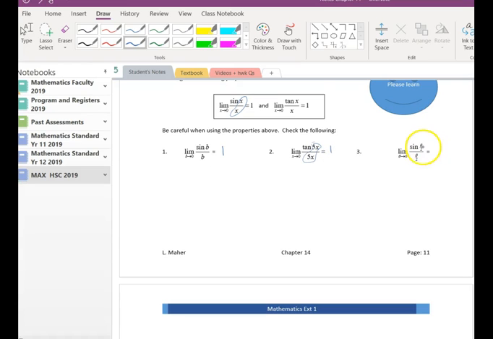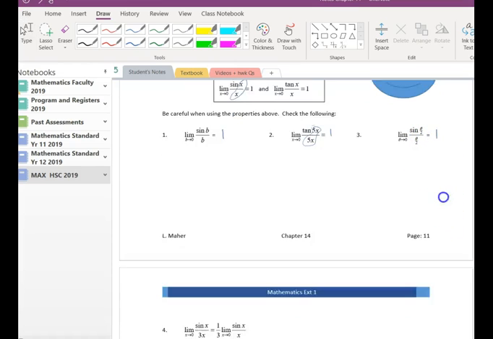Doesn't matter whether this angle is a fraction, as theta is approaching 0, so this is going to go to 0, this is going to go to 0, but we know that sine of an angle over itself is equal to 1.